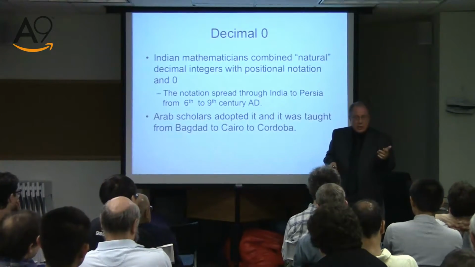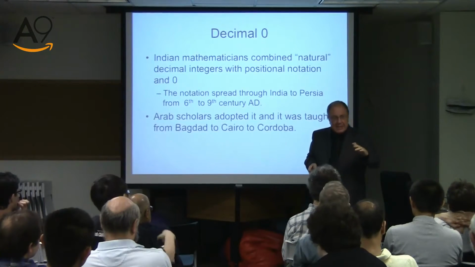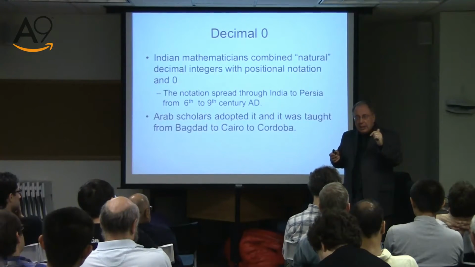And in Western Europe, things decline dramatically. The only thing which is preserved is Euclid without proofs, translated into Latin by Boetius, probably. So, you know, the knowledge declines.